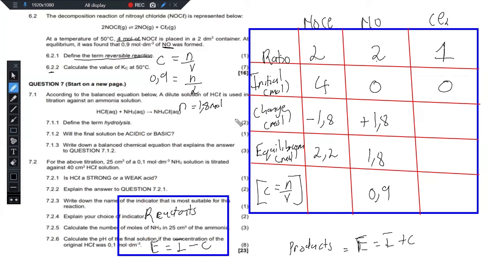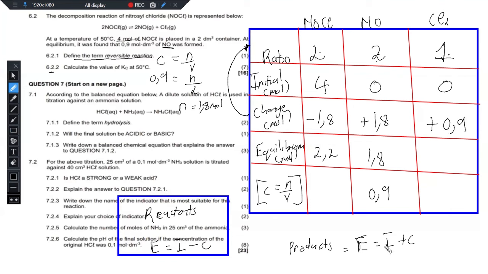Remember, the change block always relates to the ratio here. So every time we are trying to get the change, we will use the ratios. Now, the ratio here is 2:1. So to find this one, we can simply say 1.8 multiplied by 1, divided by 2. Cross multiply: 1.8 times 1, then divided by 2. This should be half of that, which is plus 0.9.